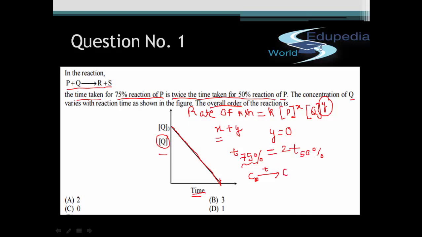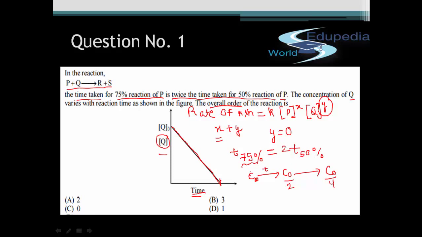That is why we are calling it half-life. It becomes C0 by 2. And T 75%, that is the time taken for 3/4 to get completed. So if 3/4 has been completed, then what is left over is 1/4, that is C0 by 4. And this time, T 75%, is twice of T 50%.